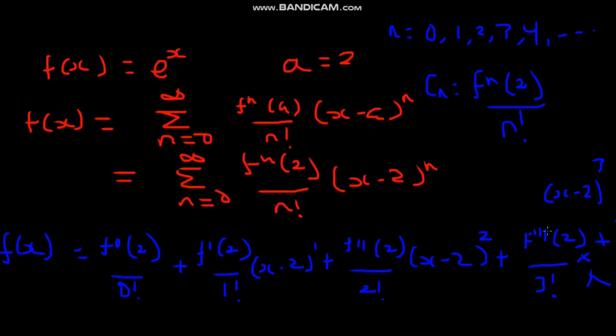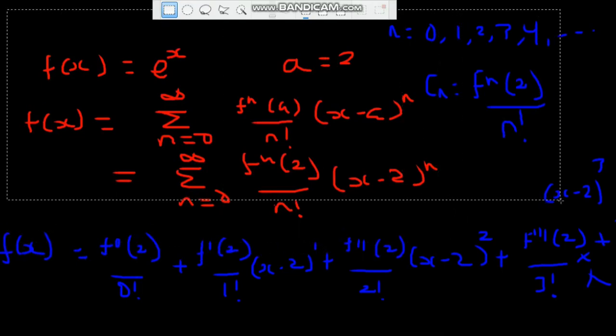Then this will continue. All right, so this will be our series. Now we will leave this here, then we come and focus on the coefficients. We are now going to focus on this value here, this value here, and so on.